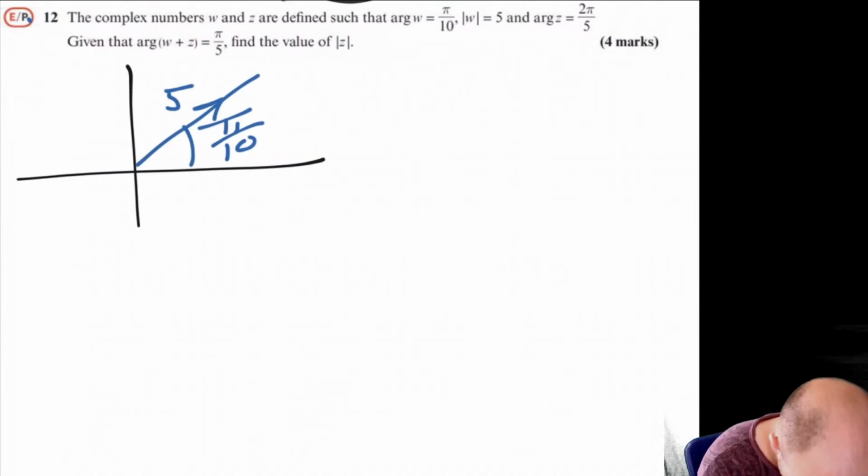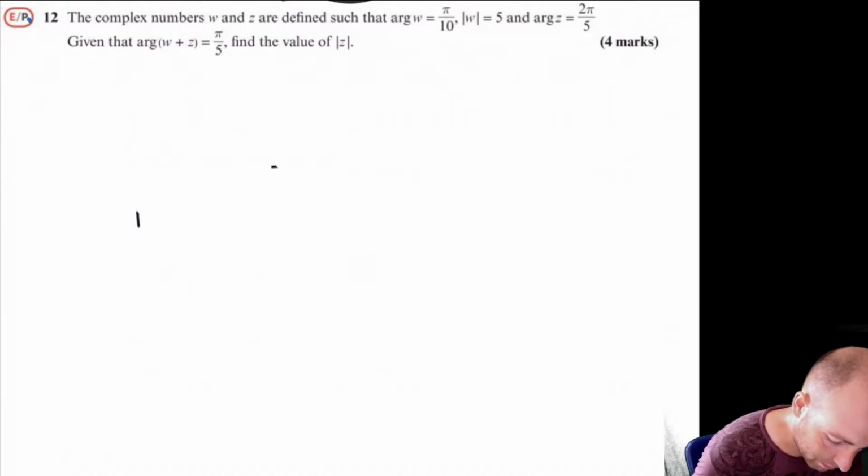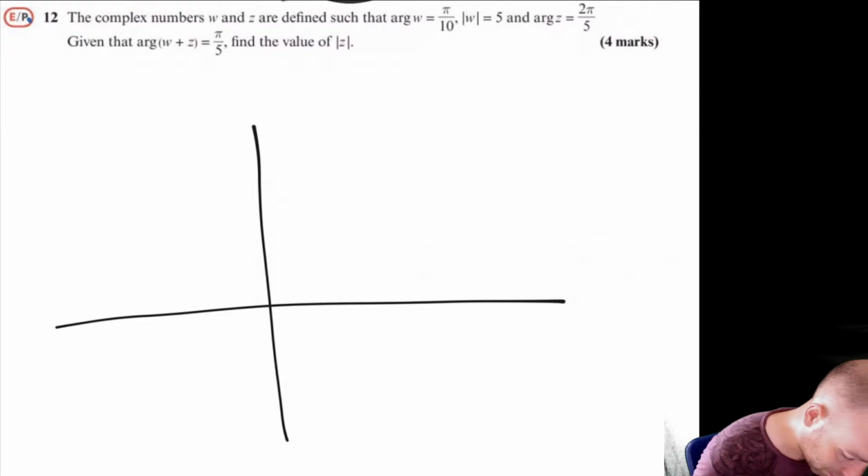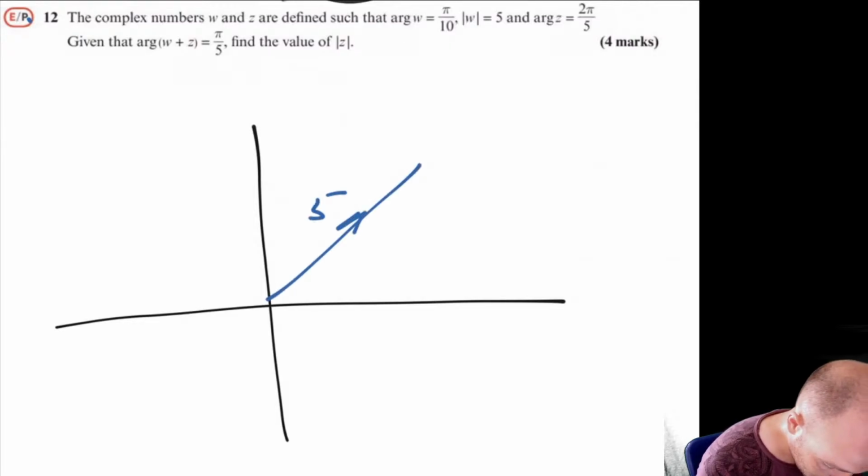They also tell us another one, Z, and we know the argument of W plus Z is something as well. Okay, I'm going to draw a bigger diagram. So here's W with a magnitude of 5 and an argument of pi by 10.